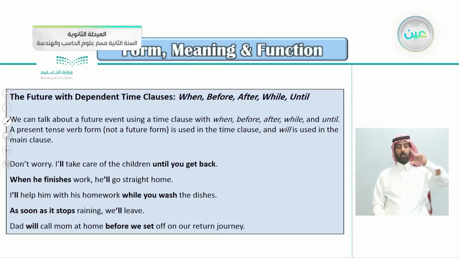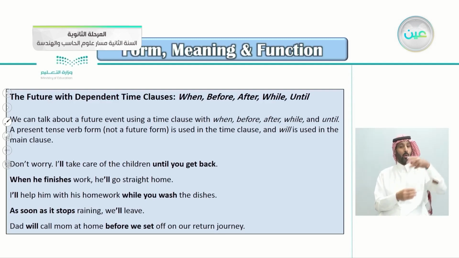Again, we can talk about a future event using a time clause with when, before, after, while, and until. A present tense verb form, not a future form, is used in the time clause, and will is used in the main clause.